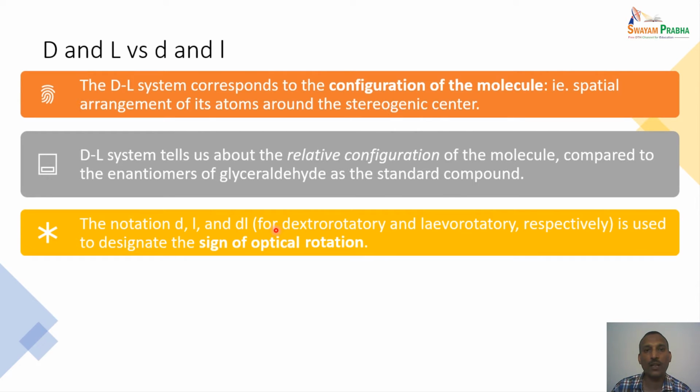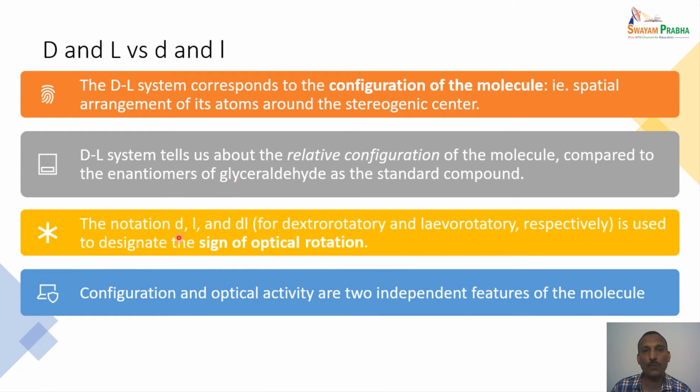A chiral compound rotates plane polarized light, as we have seen earlier. If it rotates the plane polarized light in the right-hand direction, we call it a dextrorotatory substance. If it rotates in the left-hand direction, we call it a levorotatory substance. So the small d and small l basically represent the optical rotation of the molecule.